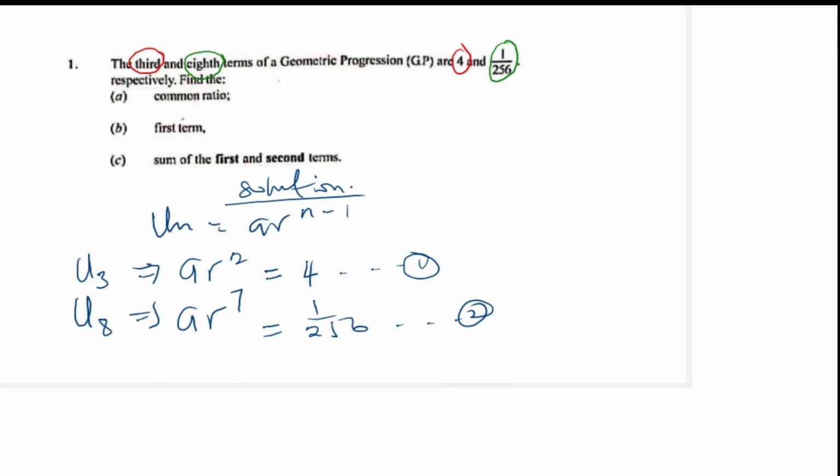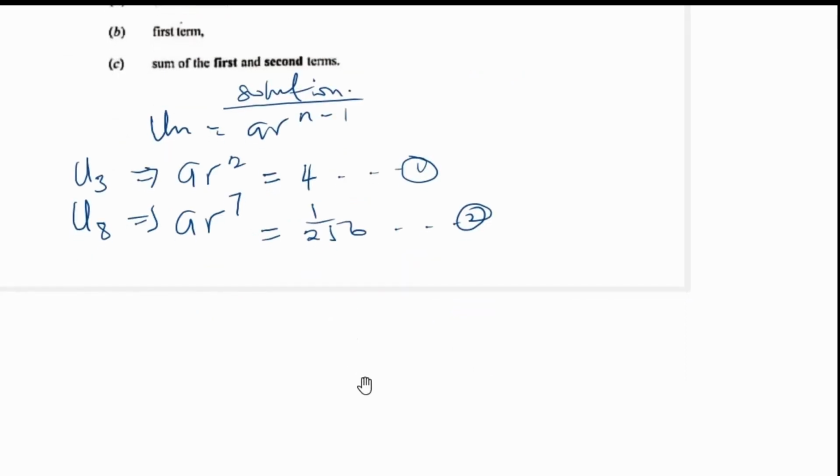Now, mostly with GP, we will need to divide terms. If it were an AP or an arithmetic progression, we would have subtracted terms, but here we will need to divide terms, and it is mostly easier to divide the bigger term by the smaller term.